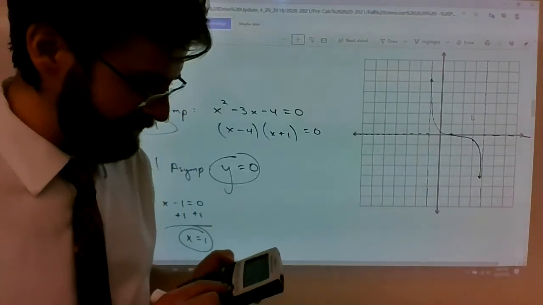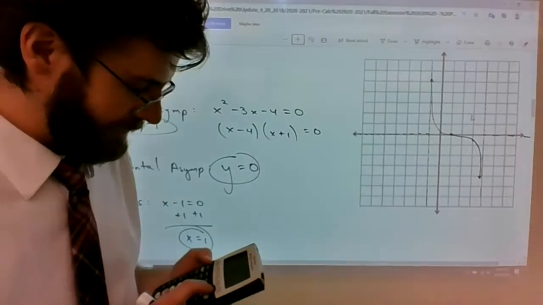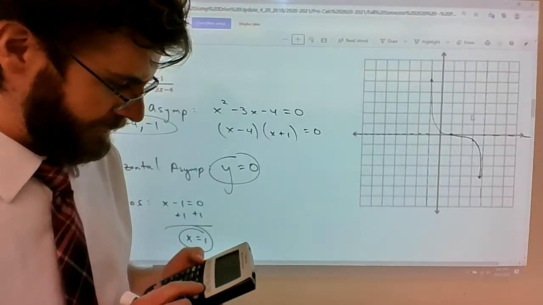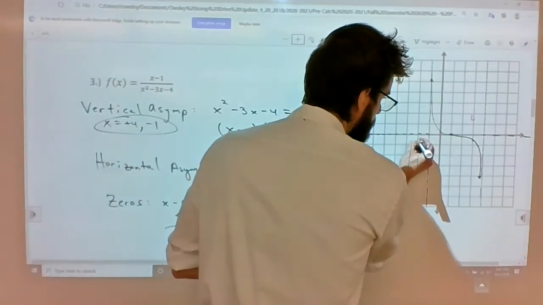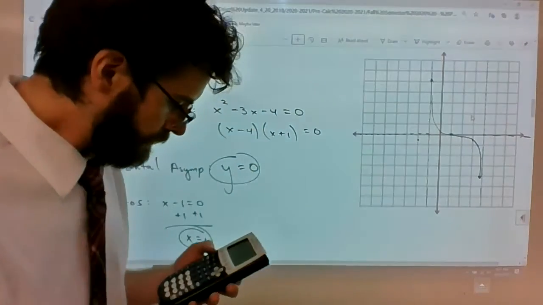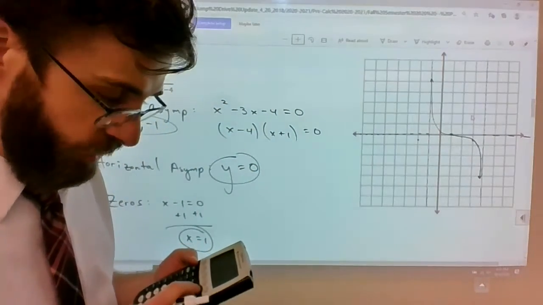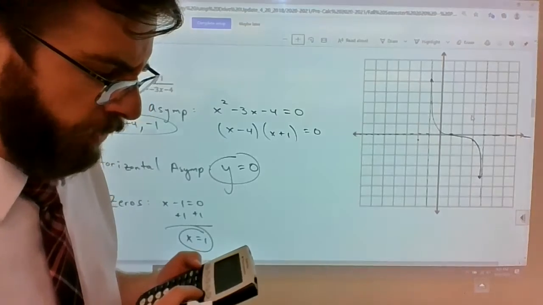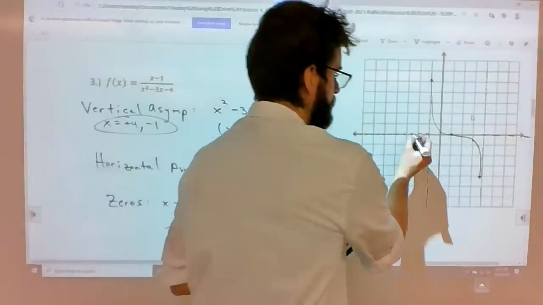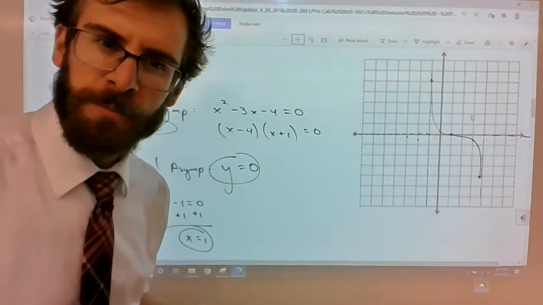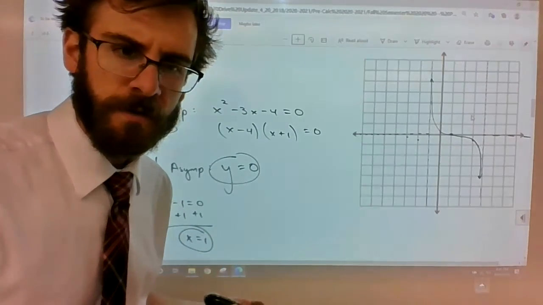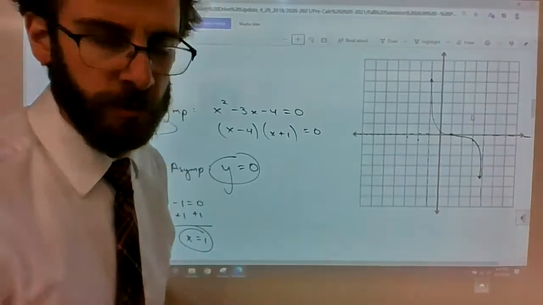Let's plug in -2. You get -1/2 when you plug in -2. Is this one going to cross over? -3 is -0.3. Well, I don't think so because there's no more zeros. That was the one zero that we could compute.